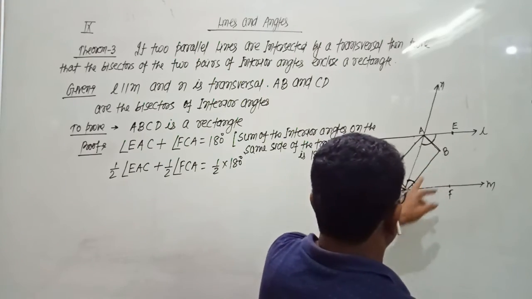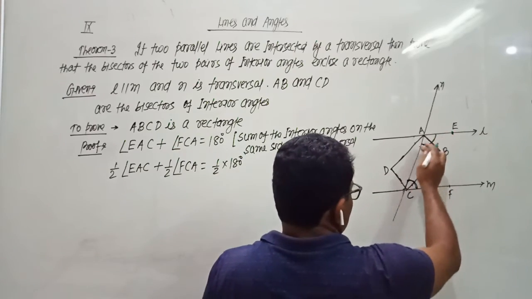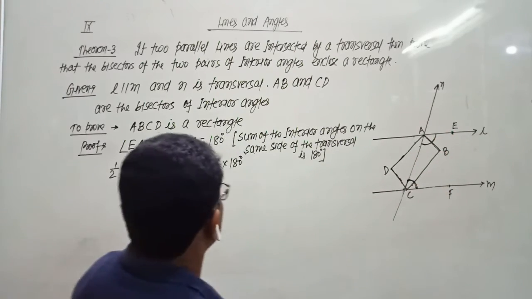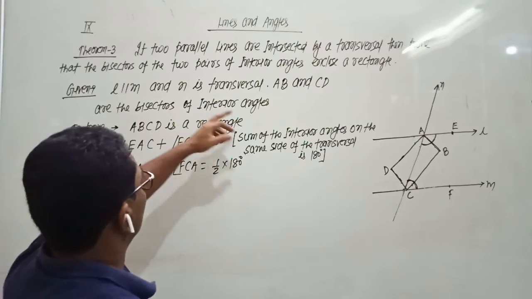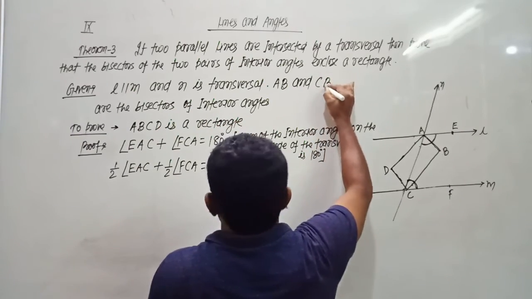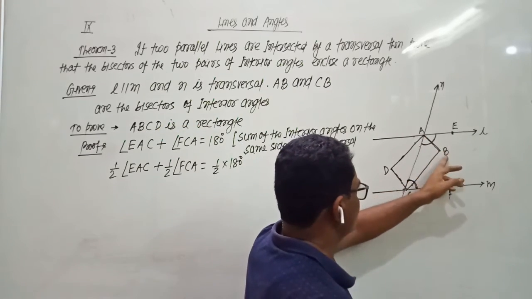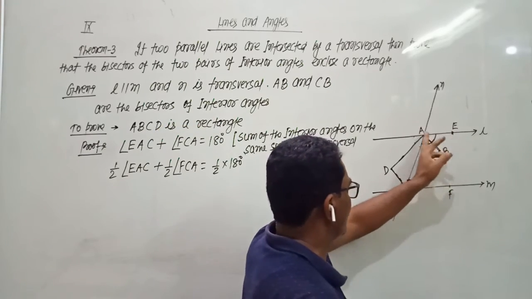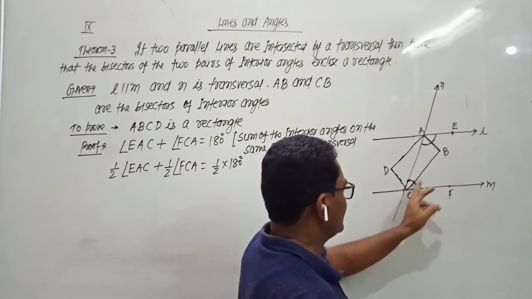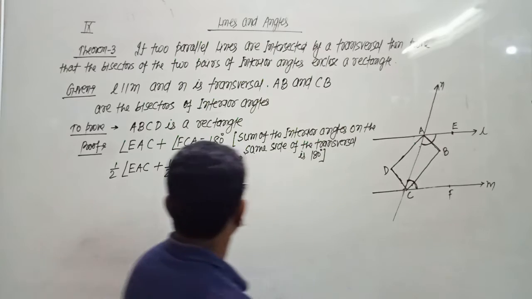AB and CB are the bisectors of these interior angles. AB is the bisector of interior angle EAC and CB is the bisector of interior angle FCA.